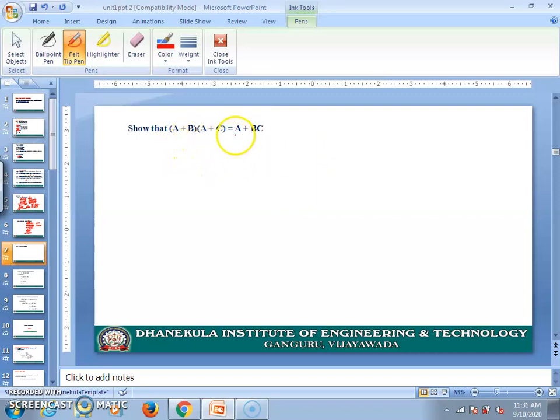This is the next example. Here also I am multiplying these two terms. If I multiply these two terms like this, I will get A into A plus A into C plus again B into A plus B into C. So if you observe here, A into A, that means I am using the AND law.